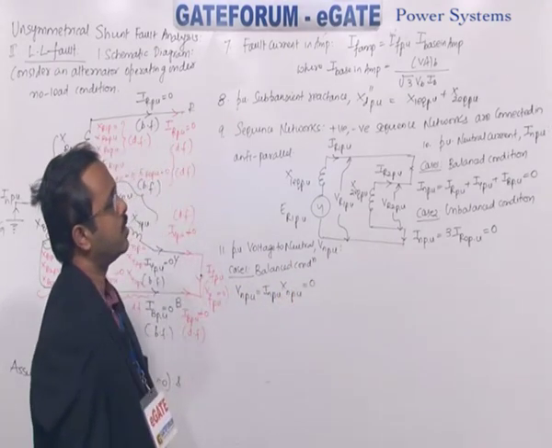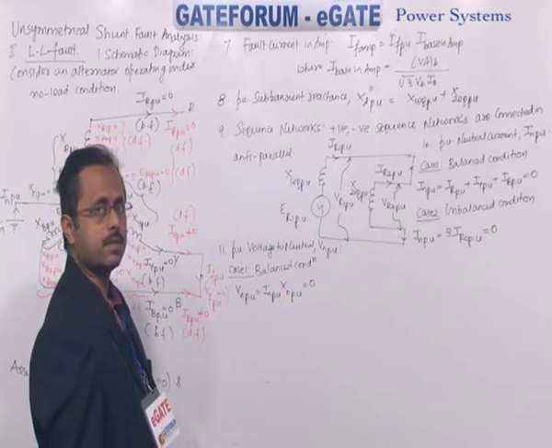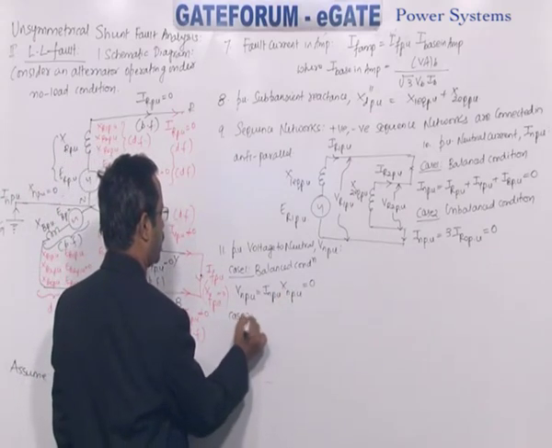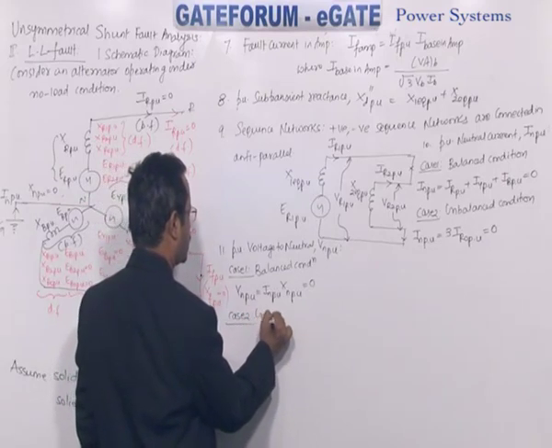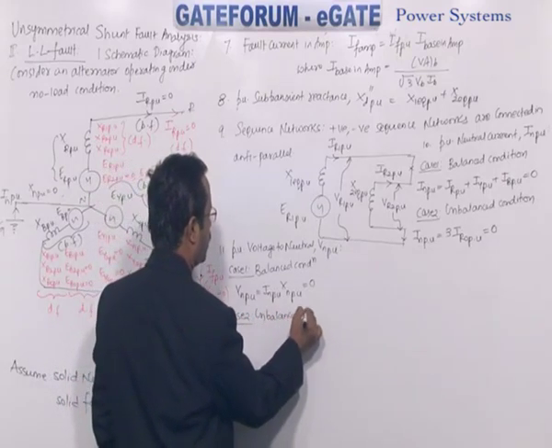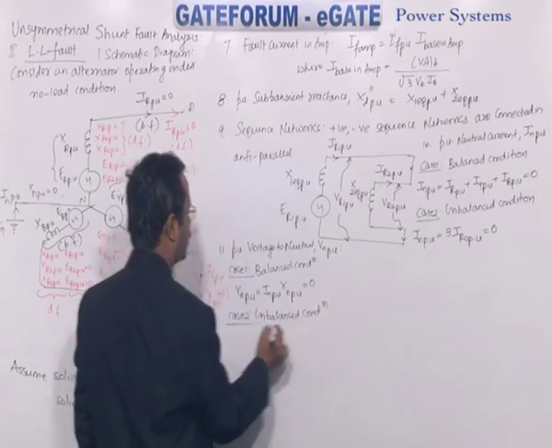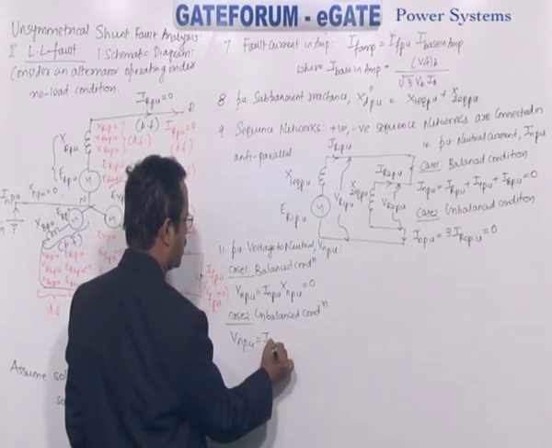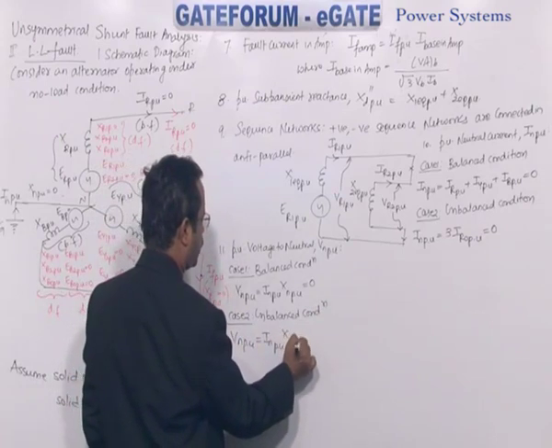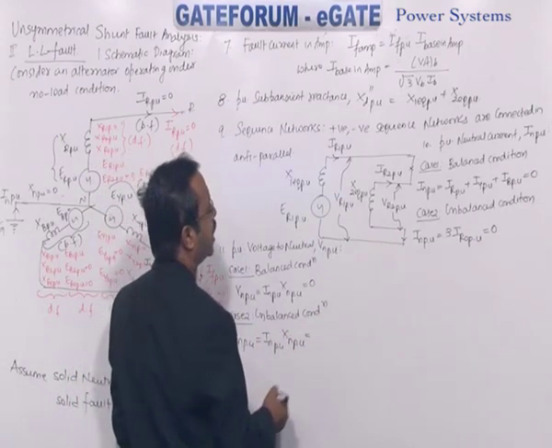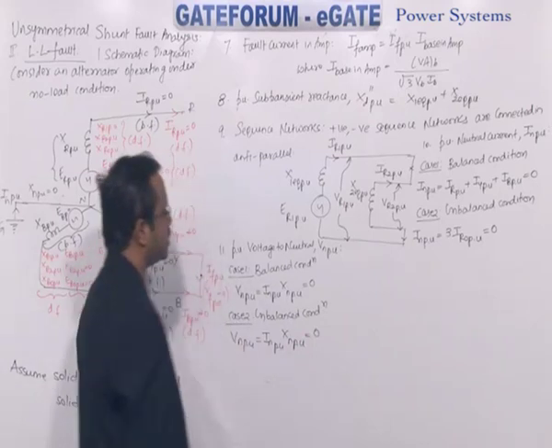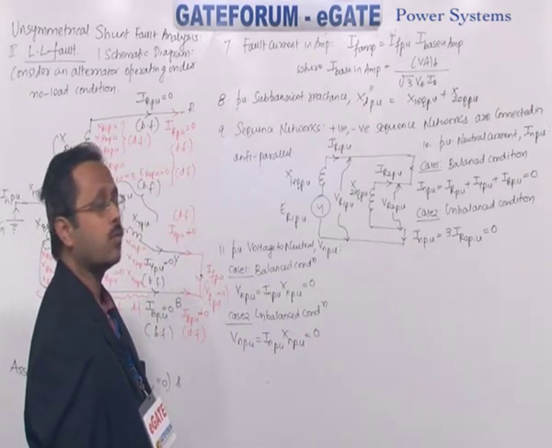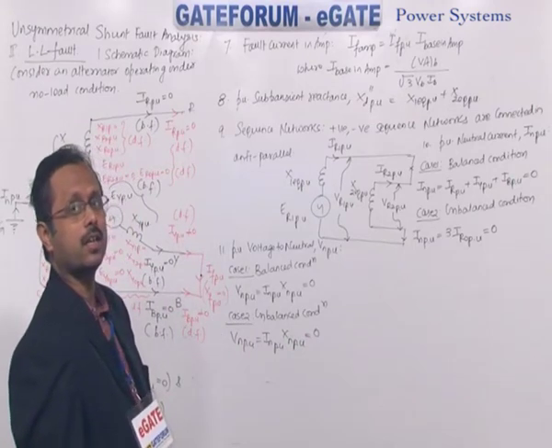As IN is 0, VN is also 0. Now case 2 is unbalanced conditions. The VN per unit formula is IN into XN per unit. IN is 0, so again VN is 0. This is the per unit voltage to neutral.